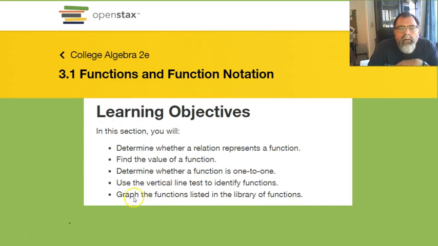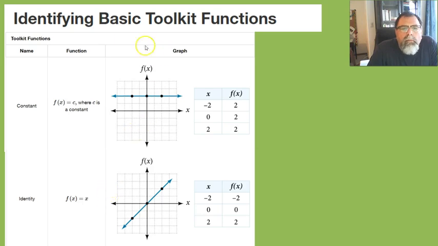And then the last learning objective is to graph the functions listed in the library of functions. So these are what we call basic functions, identifying basic toolkit functions. These are things that you should know how to graph quickly and easily. The name for this first one is a constant function. So f of x is equal to c, where c is a constant.